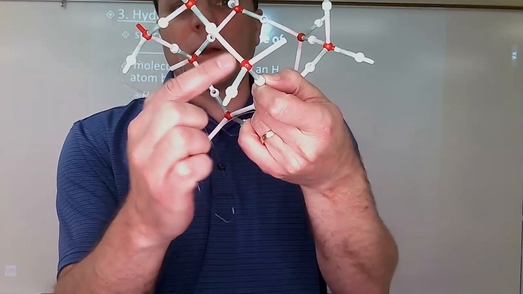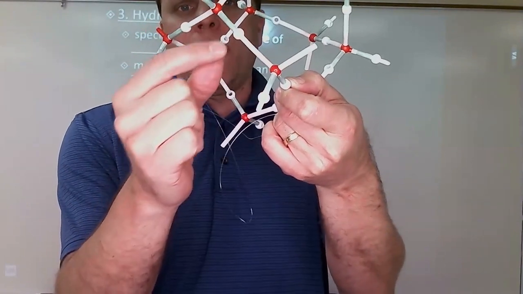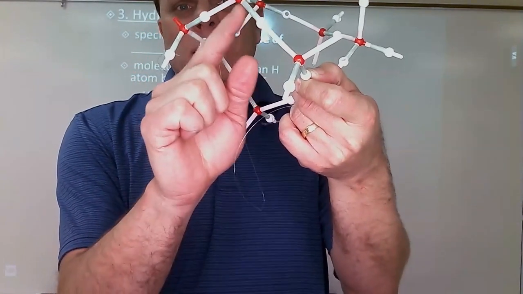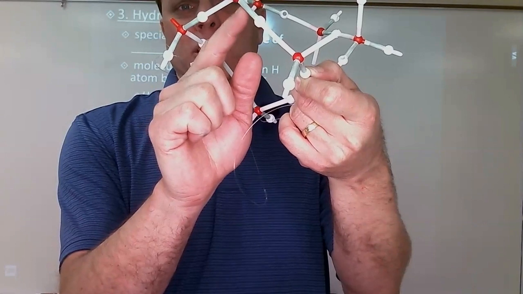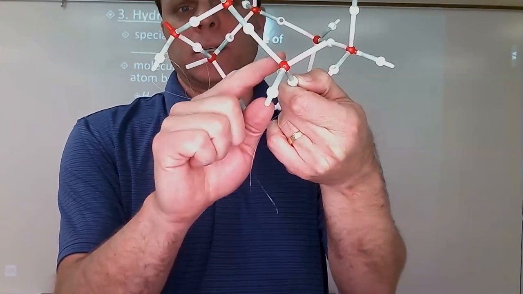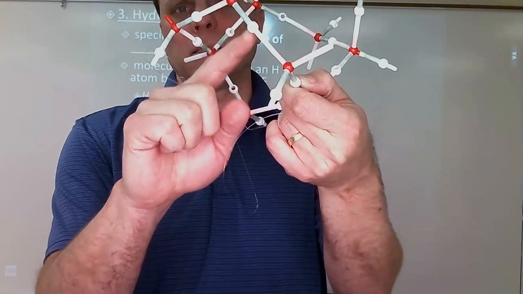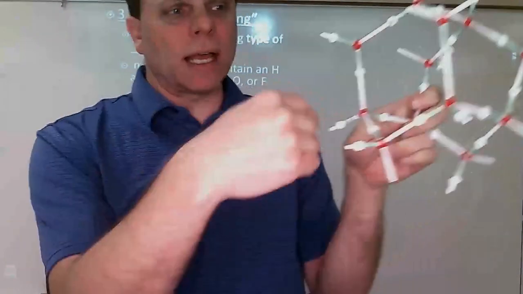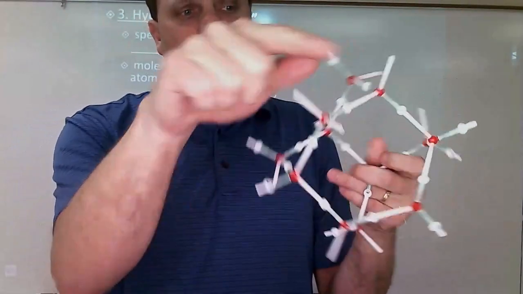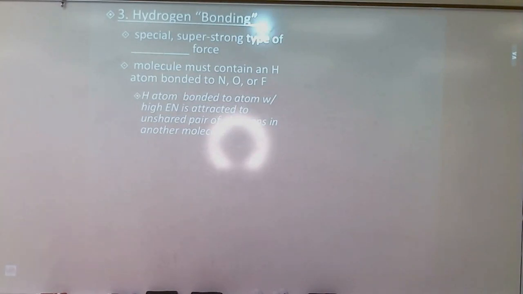And so this unshared pair of electrons is attracted to the proton of this hydrogen. And that hydrogen's electron is mostly all the way over by this oxygen because oxygen is way more electronegative. So this is a positive part of the molecule, this is a negative part of the molecule. The negative here is attracted to the positive here, and that's what you can see. And you form these hexagons where every positive is connected with another negative, which is kind of neat. Let's see how that works out.